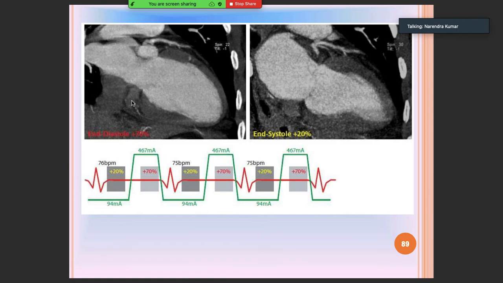If the heart rate goes very high, it is going to cause problems with the temporal resolution. And if we are thinking of the septal branches, especially very small branches, it can cause further problems. But I must say, science has been moving really quickly.